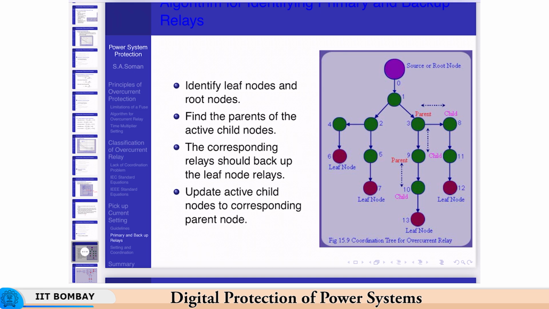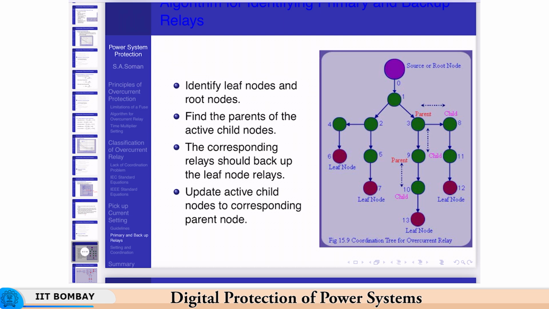So relays 6, 7, 13 and 12 are the leaf nodes. These are the relays that you will set first. Then you look at parent-child relationships. 4 is the parent of 6, 5 is the parent of 7, 10 is the parent of 13, 11 is the parent of 12, and so on. Similarly, you have to go one level up each time.